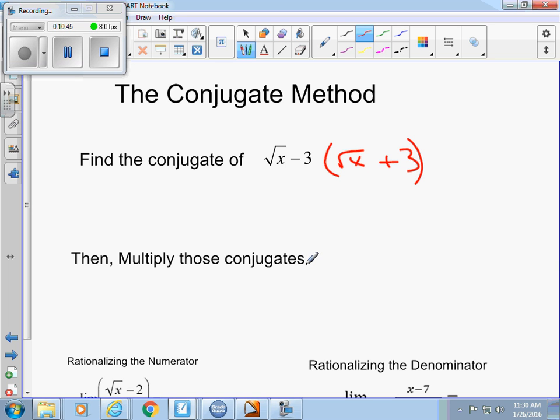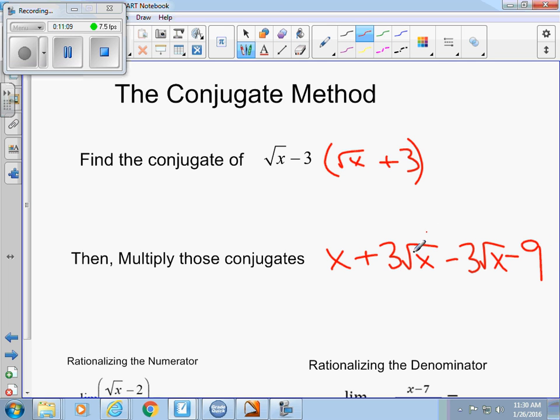So you remember we did this when we were rationalizing denominators in trig? We multiplied by the conjugate to rationalize denominators because it gets rid of the radical. Square root of x times the square root of x is x. Outer, I get positive 3 square root of x. Inner, negative 3 square root of x. Minus 9.